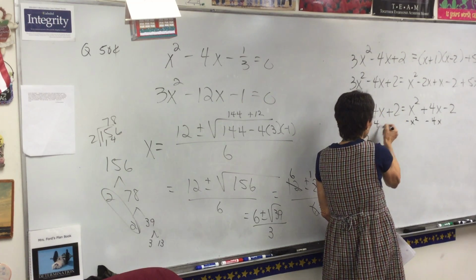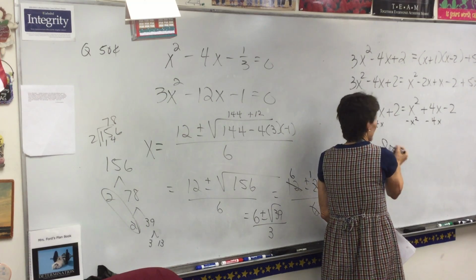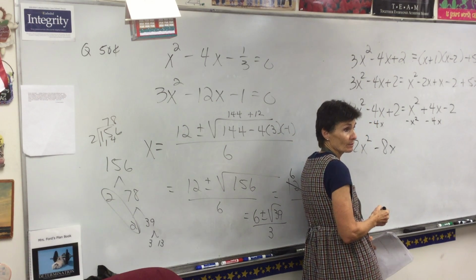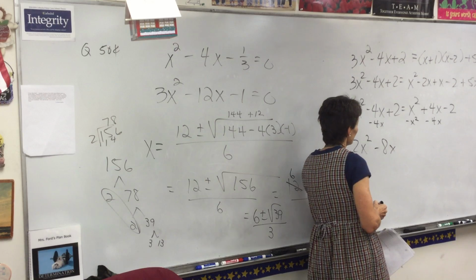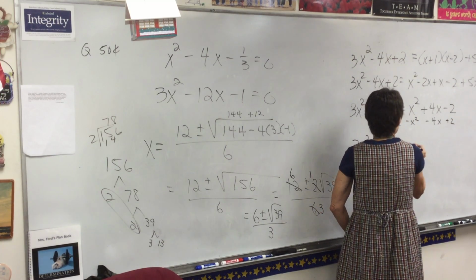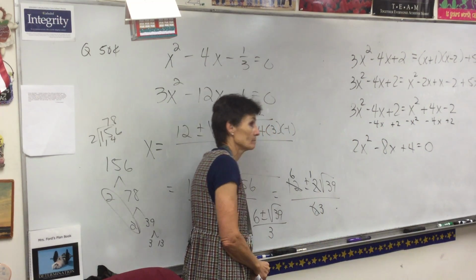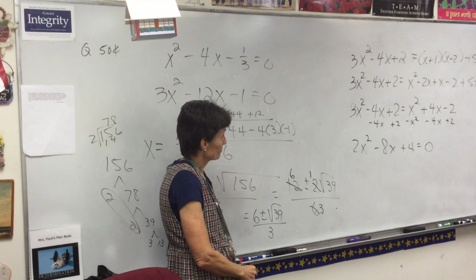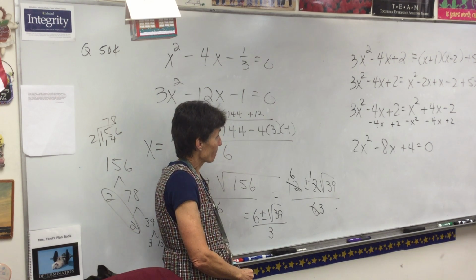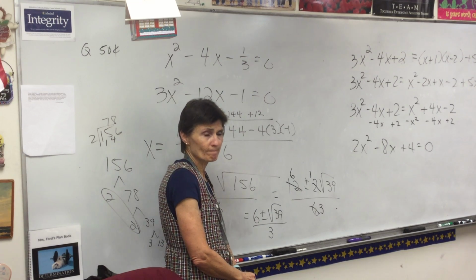But when I subtract 4x, those don't cancel. That makes negative 8x. Don't get carried away. And then when I add 2, those don't cancel. That makes plus 4. Now, could you divide by 2 if you wanted to?